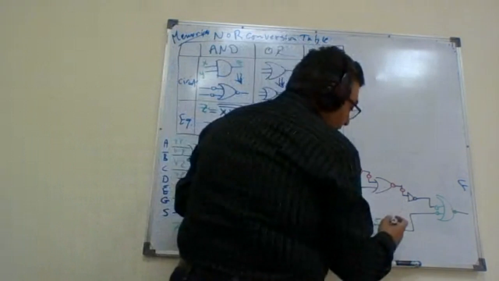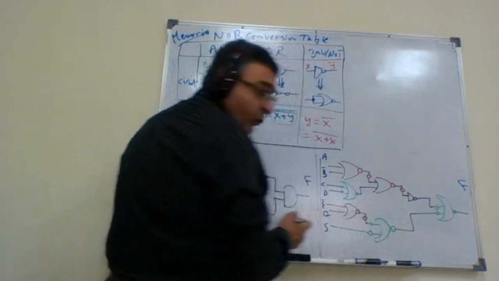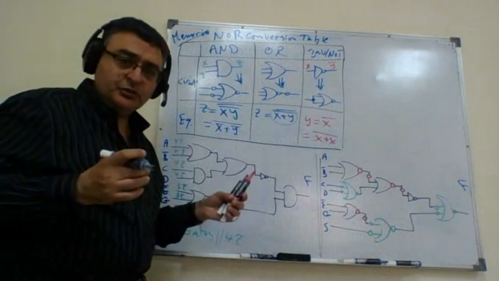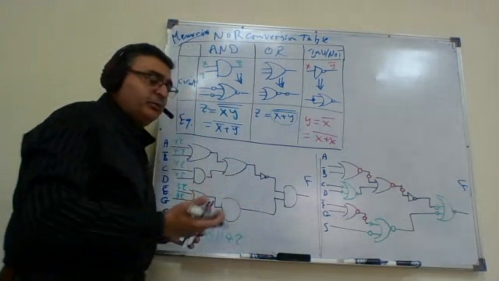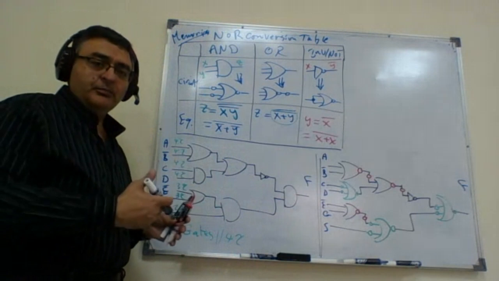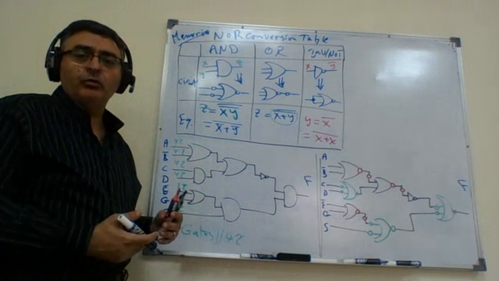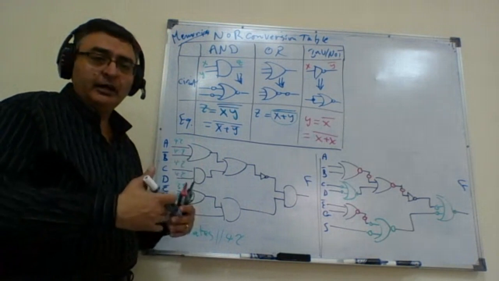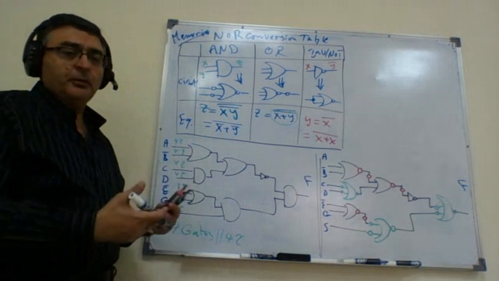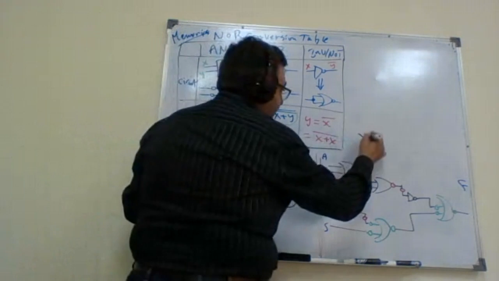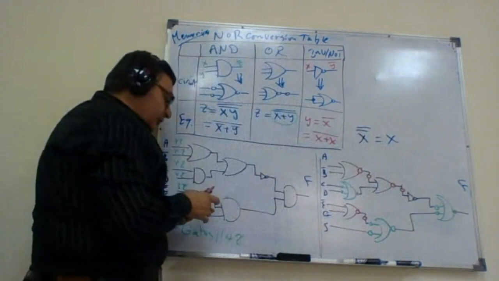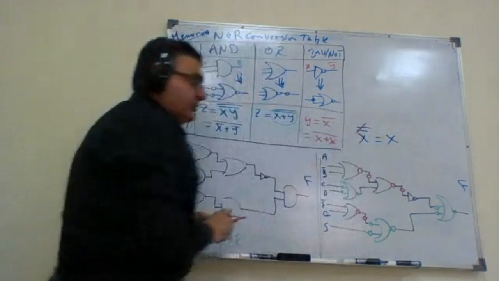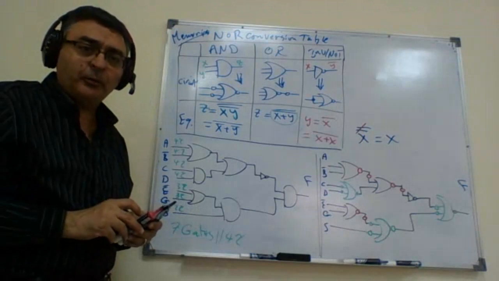If I have the same wire with two inverters, those inverters cancel each other, because as we mentioned, the complement goes back to the original. When I take the complement twice of any parameter, x bar bar equals x. So those two inverters should cancel each other. This is a Boolean algebra property.